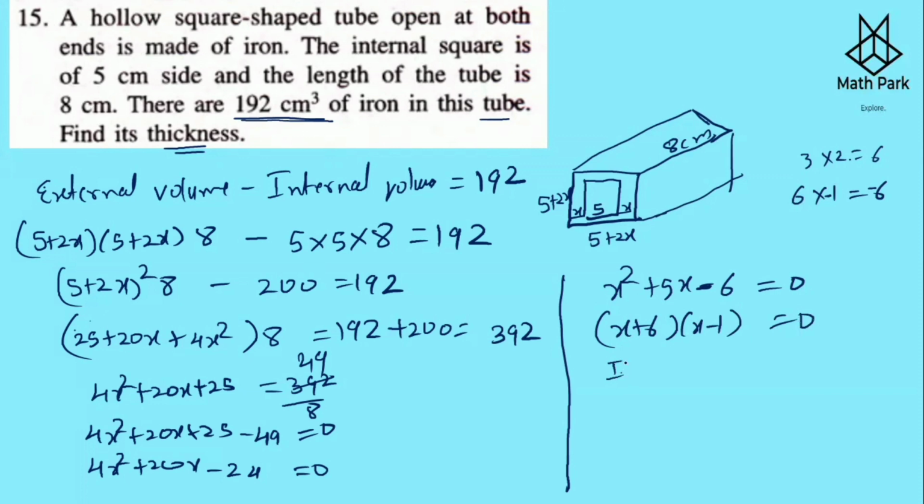So if x plus 6 is equal to 0, you get x is equal to minus 6. And if x minus 1 is equal to 0, x is equal to 1. Since the width cannot be negative, you can say that the thickness of this tube is 1 centimeter.